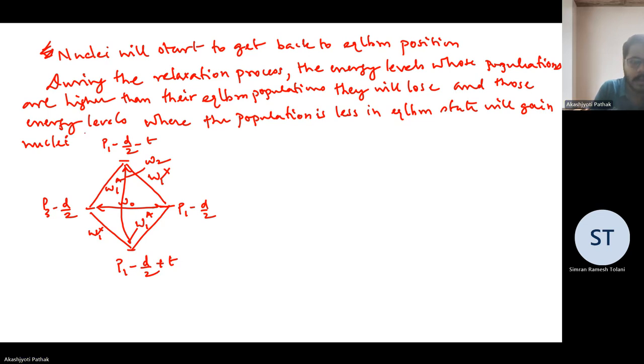So here if we are considering the W2 transition, what will happen is this will be P1 minus D by 2 plus P minus P1 plus D by 2, plus minus P1 plus P. So this will be what?